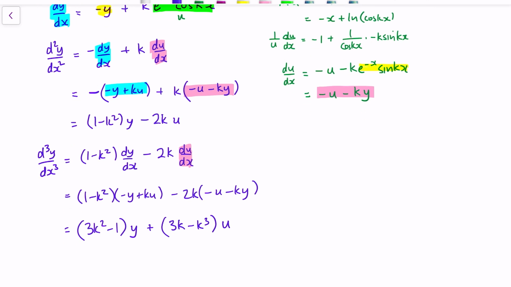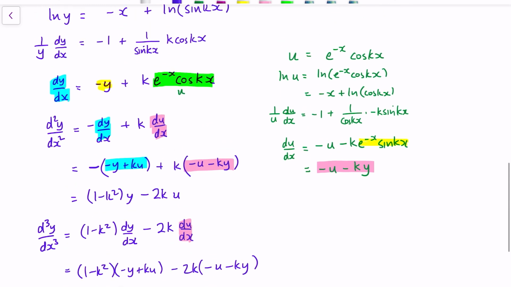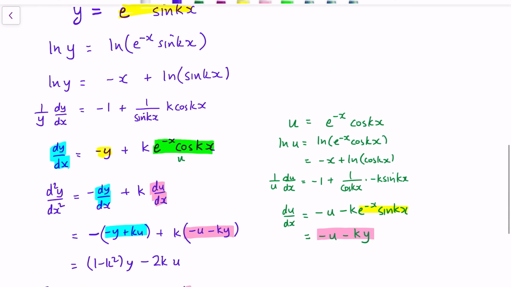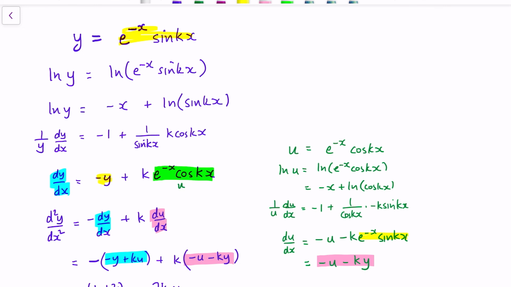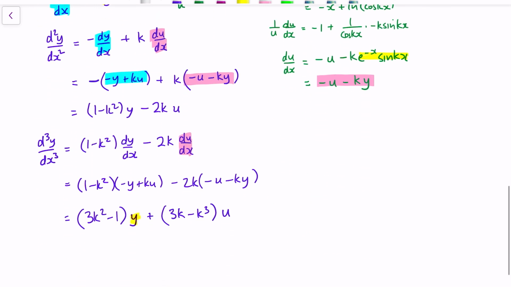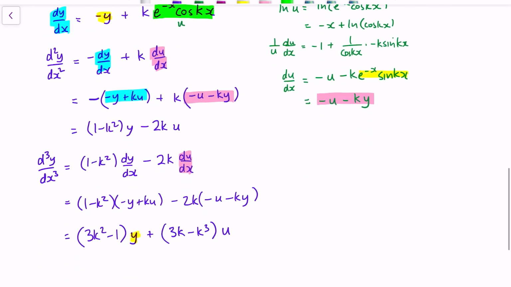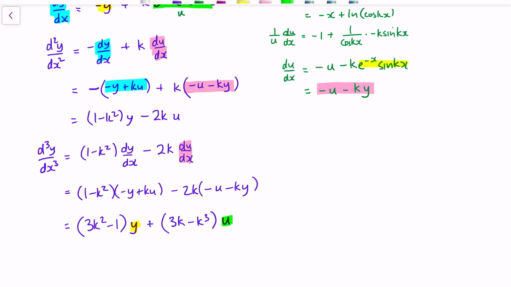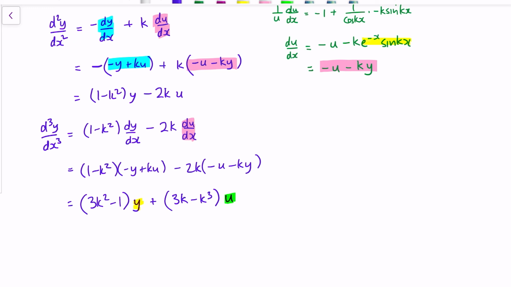Now remember that y is just a function of, well, a product of two functions, and so was u. Okay, y was the yellow thing at the top here, and then u is the green one. So they're two functions, but we want this third derivative here to equal c times y.